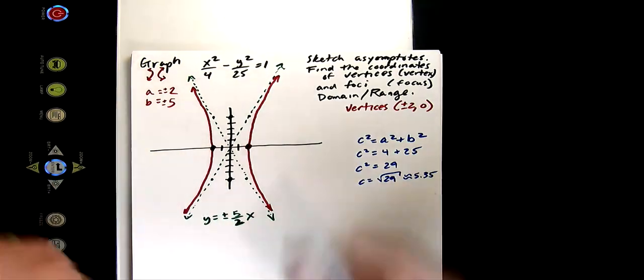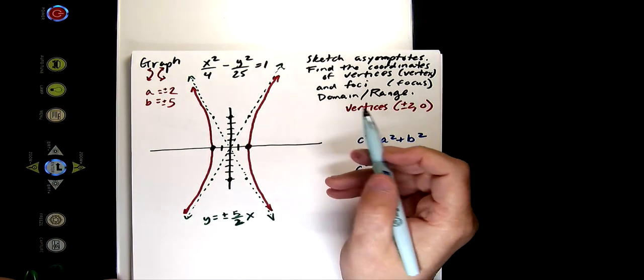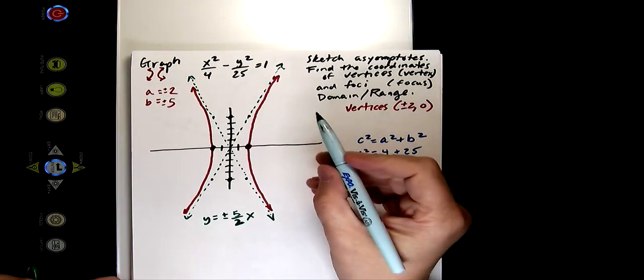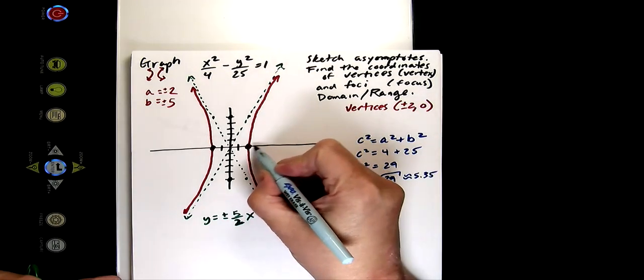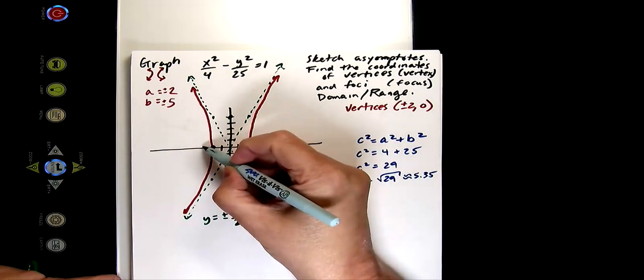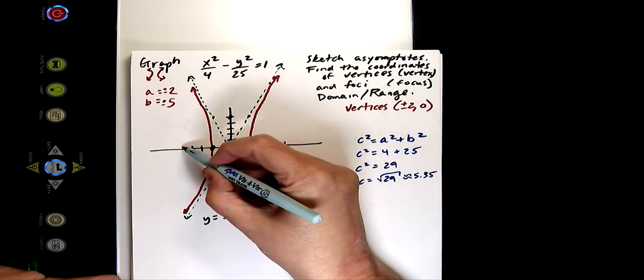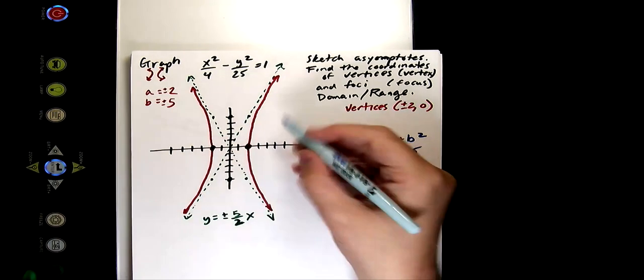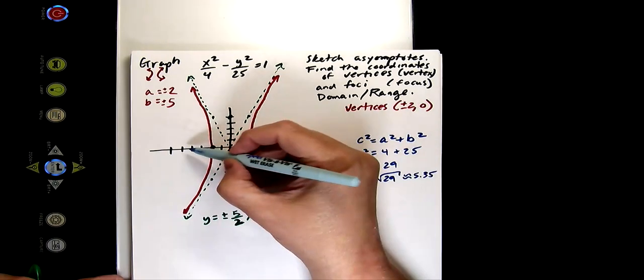Let's be honest, when you're graphing them, as long as you get the foci somewhere between 5 and 6, realistically, you're fine. So this is 2, 3, 4, 5, 6. And my foci are right about there.